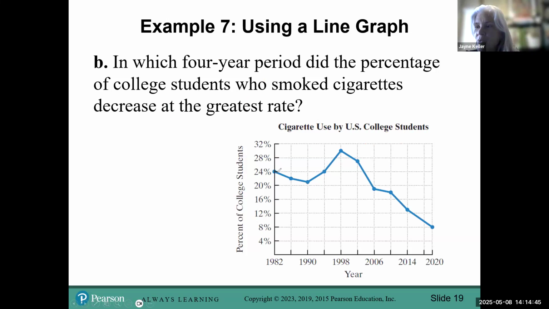So you can see here we're decreasing from here to here, and then we're increasing, decreasing. These are all 4-year periods, aren't they? 82 to 86, 86 to 90, and so forth. So what I'm really looking for is the steepest decline. This would be a little bit of a decrease, and this would be a lot of a decrease. So the sharper that drop is.